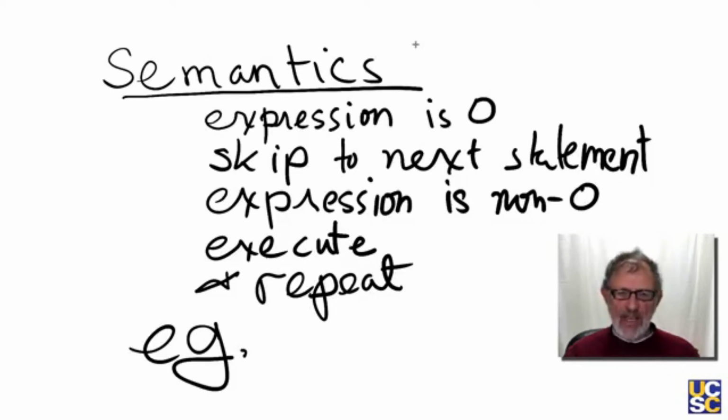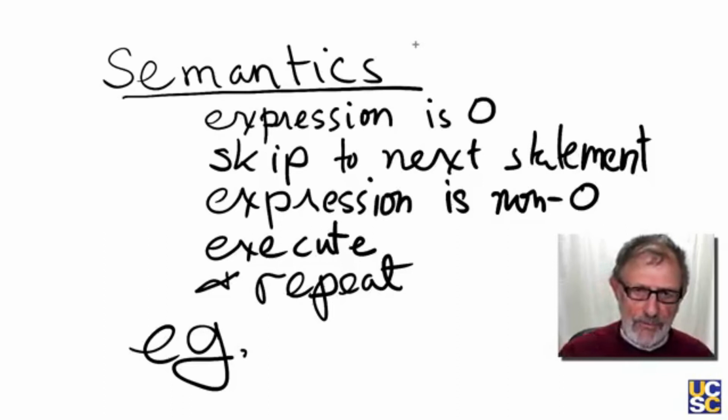We can think of that as false, though really in C, false is zero and true is non-zero. However, if the expression is non-zero, then we execute the statement that's sitting under the while, and then we repeat. We go back and ask, is the expression zero? We continue. And that just keeps going until we see the expression is zero.